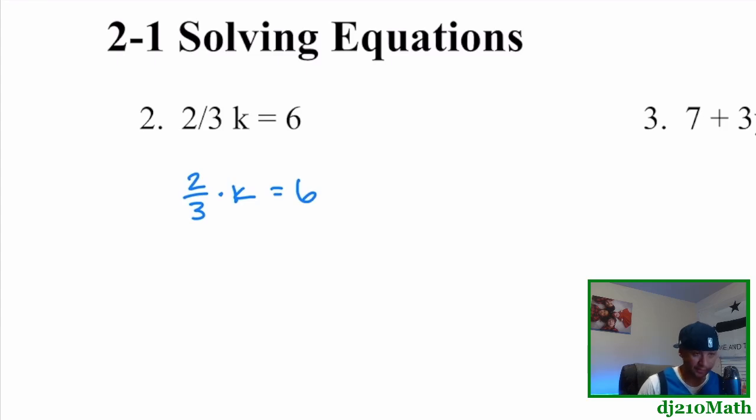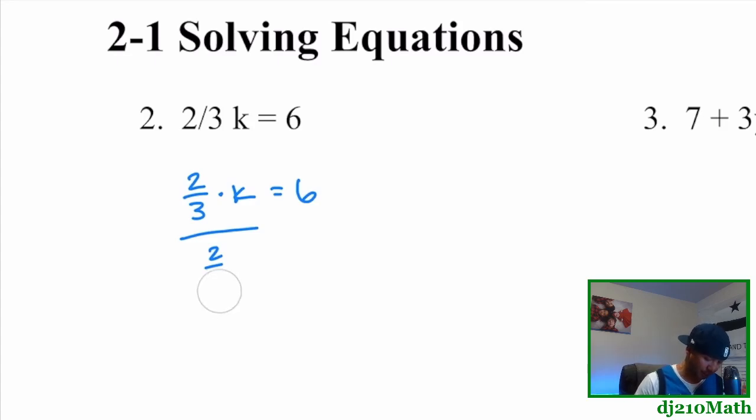So instincts tell us we can divide both sides by 2/3, which is true, we can. However, when it's a fraction, then what we can do is multiply both sides by the reciprocal, which is the same as dividing by 2/3.